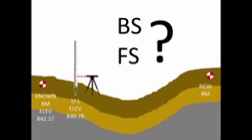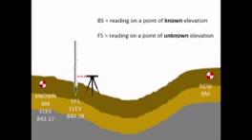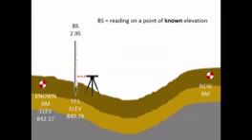Remember, a backsight reading is a reading on a point of known elevation. And a foresight is a reading on a point of unknown elevation. So, which is it in this case? Well, turning point 1 has a known elevation based on our first instrument setup.